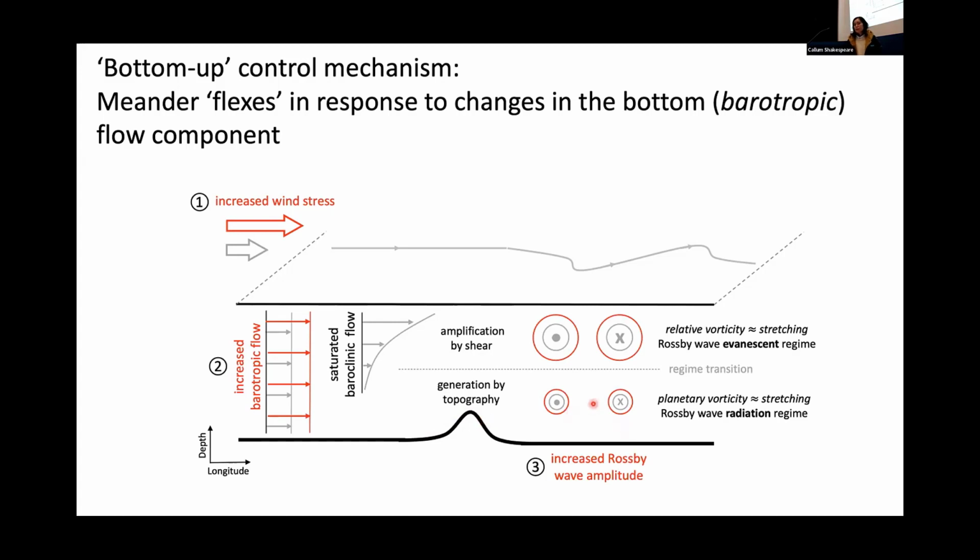And this radiating Rossby wave generated at the bottom will propagate upwards and get amplified by the background velocity shear. Finally, it will form a new standing meander with a larger curvature in response to the enhanced wind at surface. So this is more like a bottom-up mechanism in which not only is the Rossby wave generated, but the entire vertical structure of the standing meander is maintained by the bottom flow interacting with bottom topography.